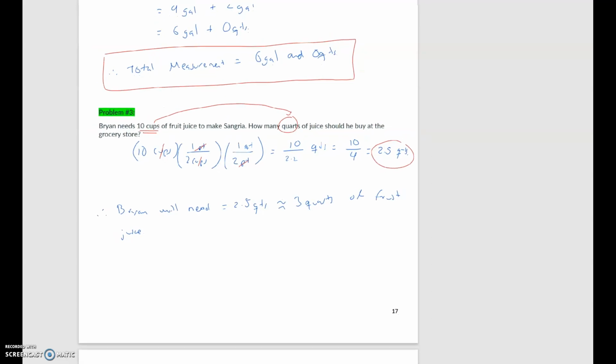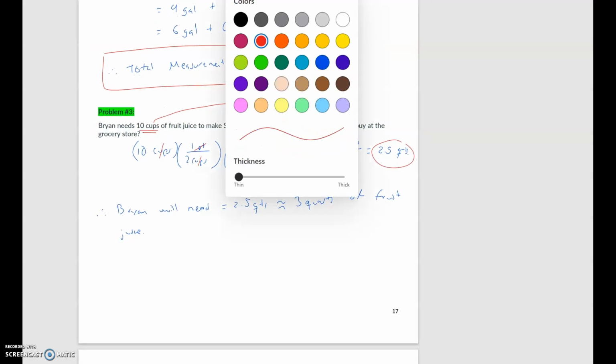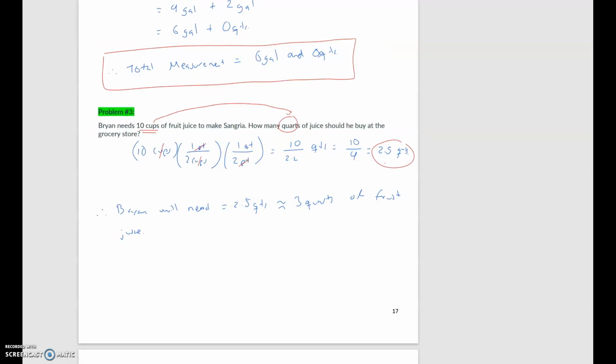And that's because they may not sell the 0.5, or technically the 0.5 quarts. So they may sell it as a full quart.